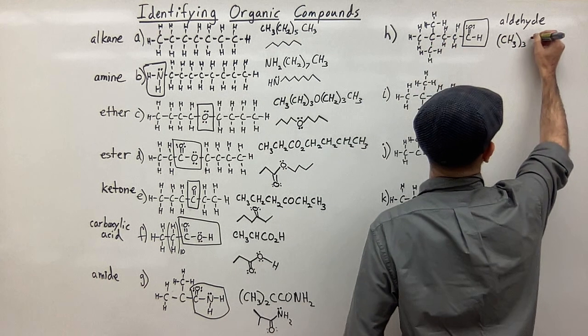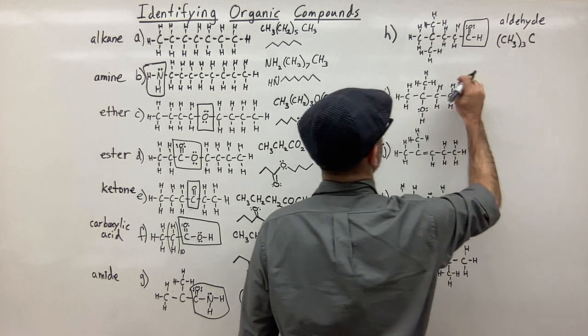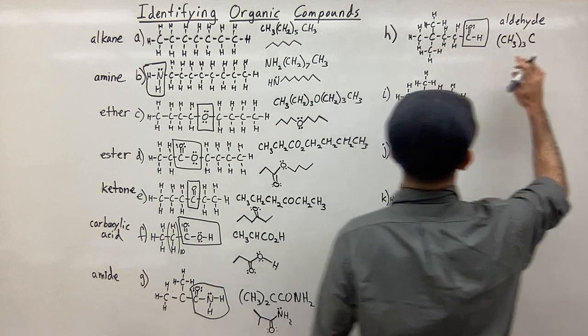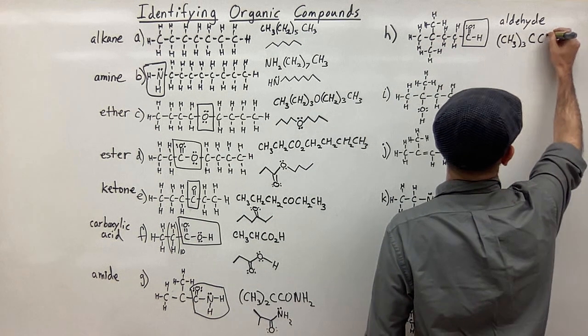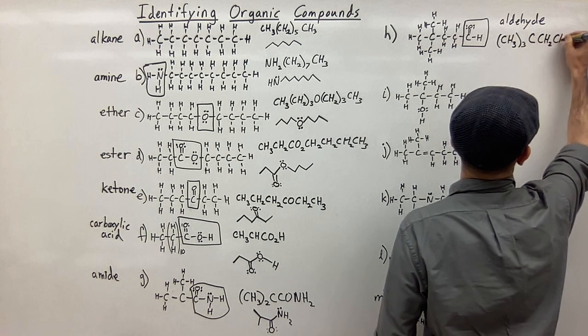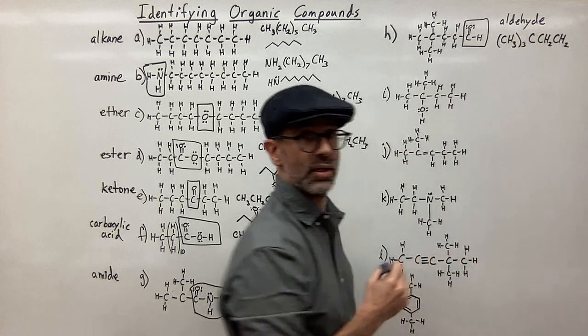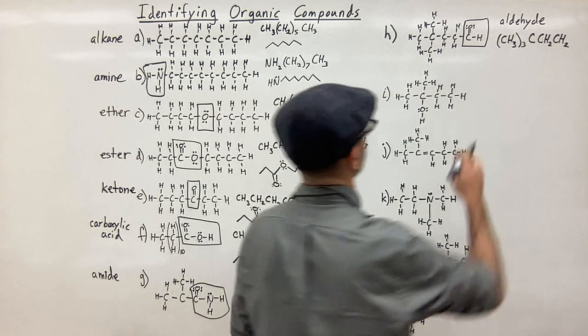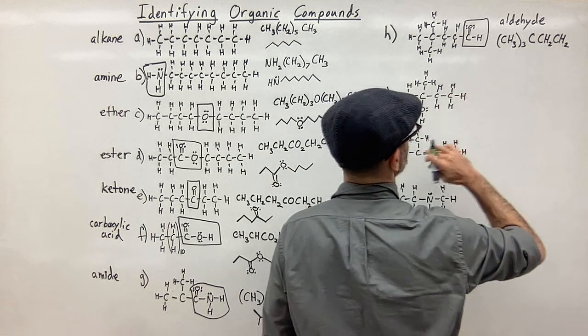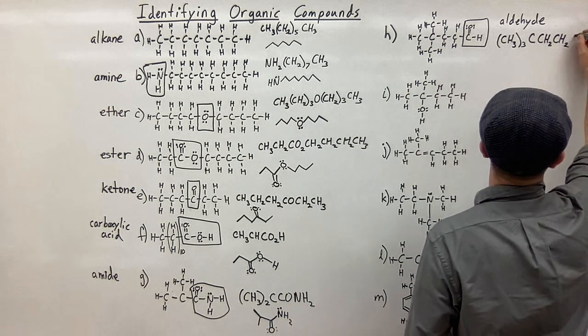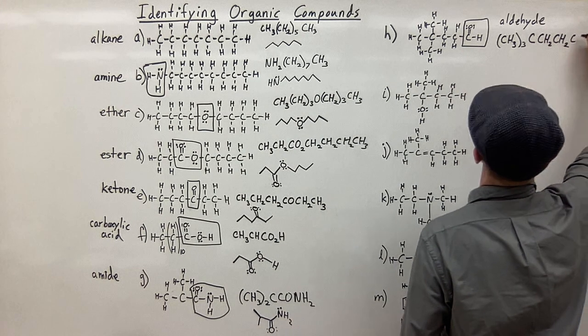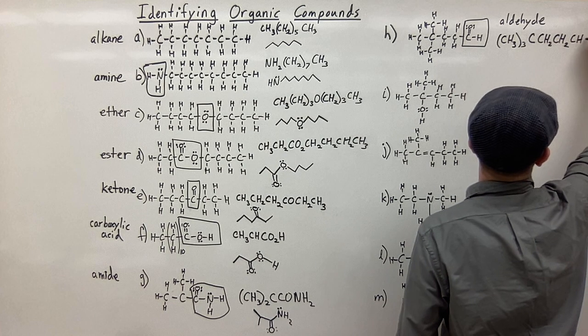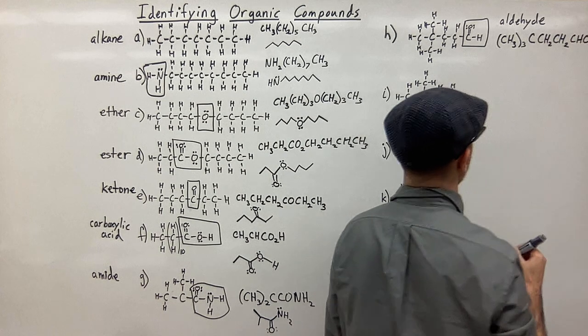So we have a carbon following that. And then we have a CH2, CH2. And then after that, we have the carbonyl group. So that would be CHO is the way we would write that.